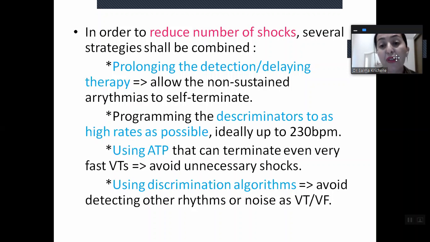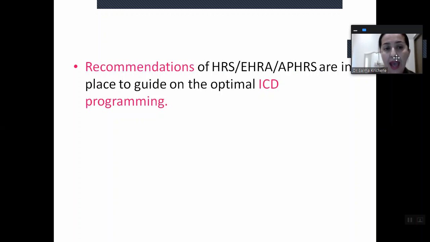Two, programming the discriminators to as high rates as possible, ideally up to 230, using ATP to avoid unnecessary shocks, and using discrimination algorithms to avoid inappropriate shocks. And the recommendations of learned societies are in place to guide physicians on the optimal ICD programming.